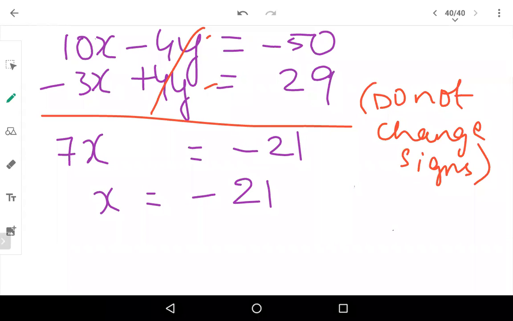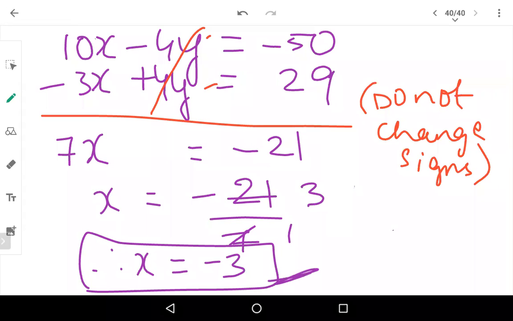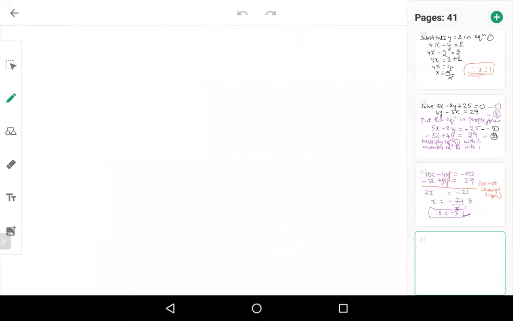So we'll take minus 21. So x is equal to minus 21 by 7. Therefore x is equal to 7 ones are 7, 7 threes are 21, so minus 3. Understood? Any doubts still here? x is equal to minus 3. Okay. Now let's continue.